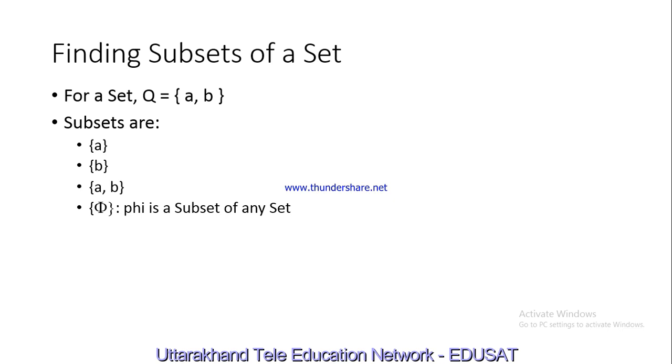So in all, now we have got four different subsets: {A}, {B}, {A, B} and phi. So this is the total number of subsets that a set having two elements can have. So we are getting here four subsets: {A}, {B}, {A, B} and phi.